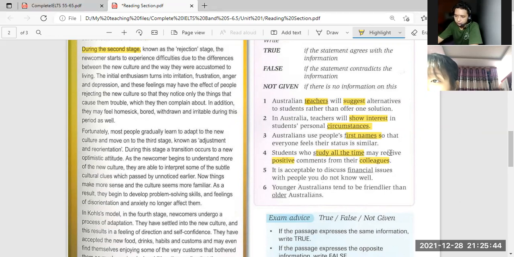Do you understand the meaning of receive? No. Okay, receive means take, may take positive comments from their colleagues. So it means the students who study all the time, they will get positive comments from their friends.